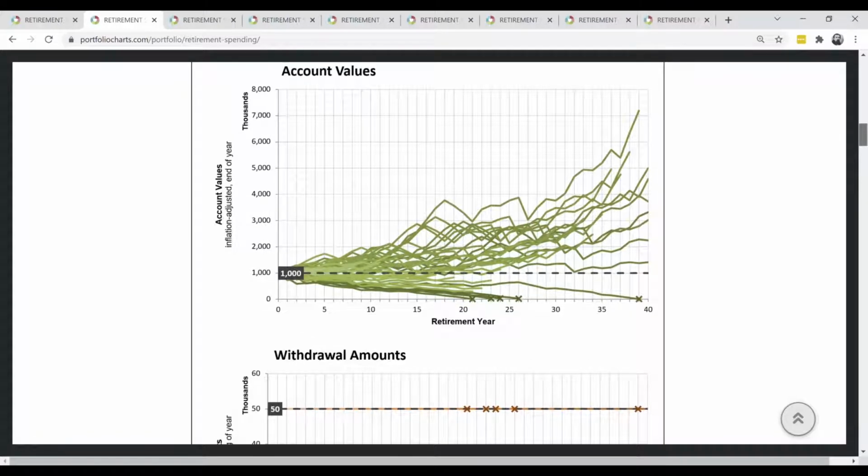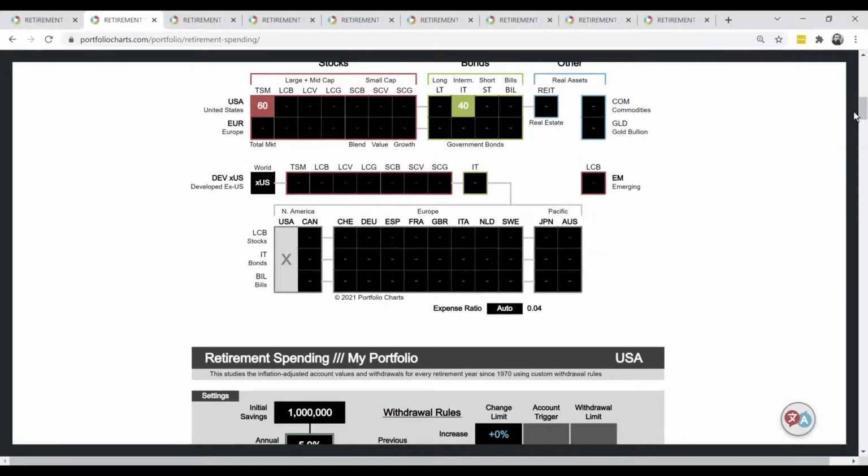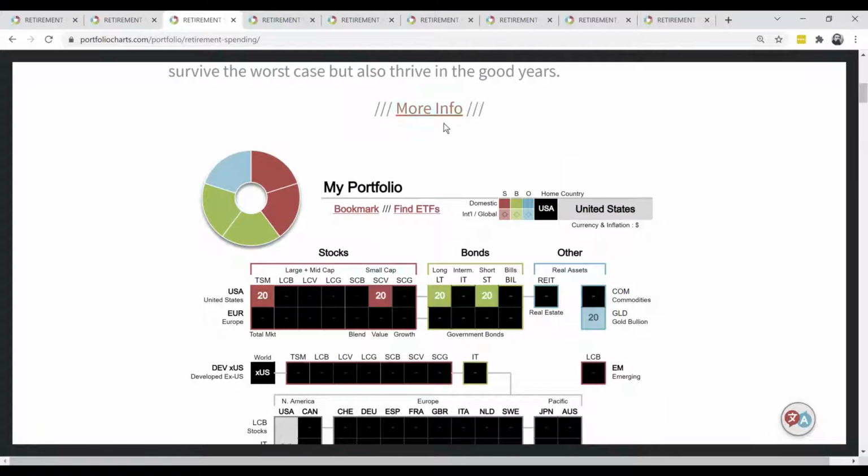And so now what if we did the same strategy though, and we did it to the golden butterfly portfolio? So here we have the golden butterfly portfolio. It's 20% total stock market, 20% small cap value, 20% long-term treasuries, 20% short-term treasuries, and 20% gold.